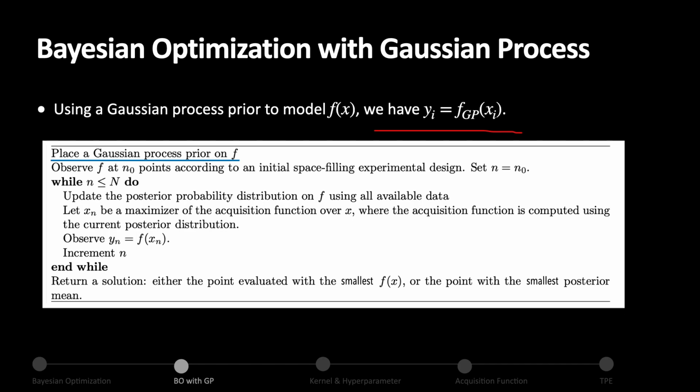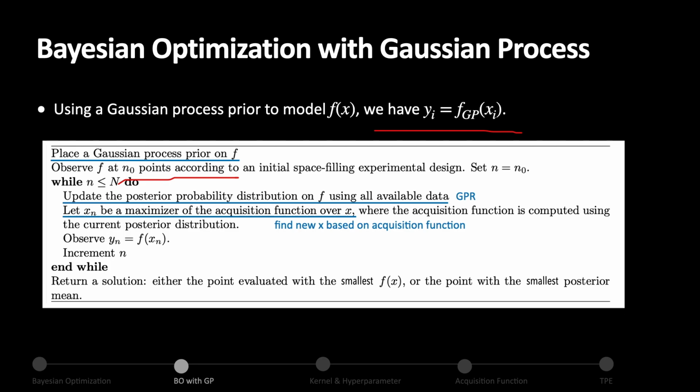First, we place a Gaussian process prior on f. Notice that we have n data points in the beginning as the initial data set. And then we start the experiment iteration. First, we use the data we have to compute the posterior probability of f with Gaussian process regression, GPR. Then, based on the acquisition function, we try to find the x that maximizes the acquisition function.